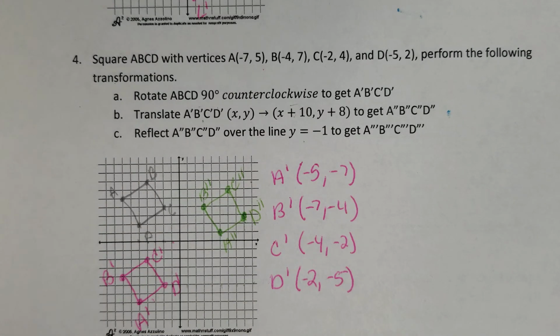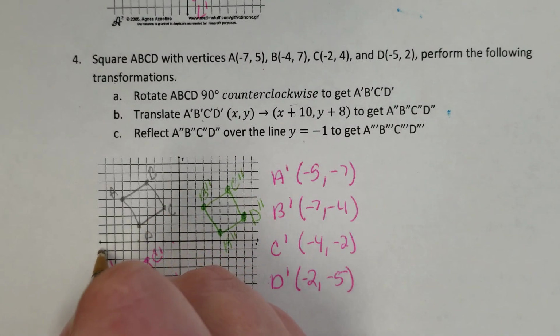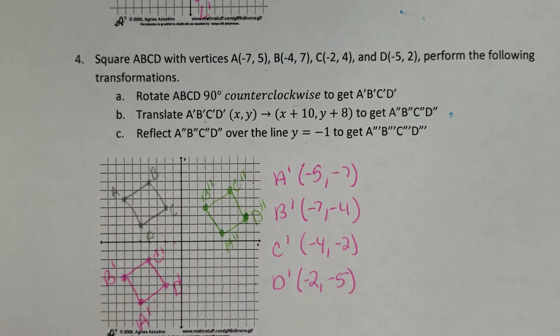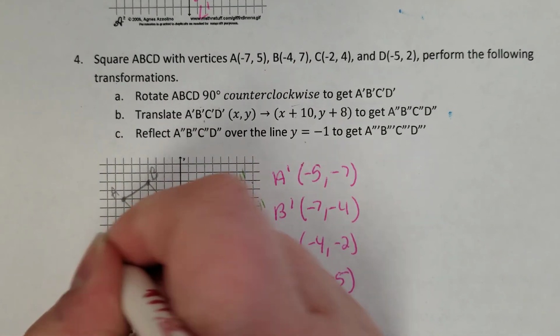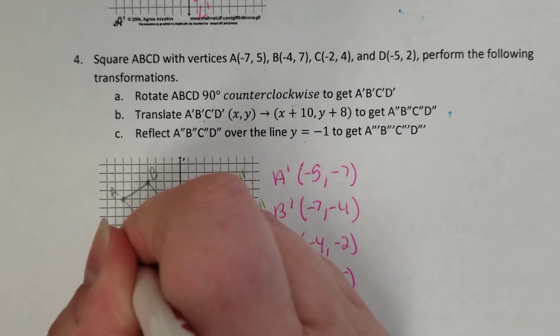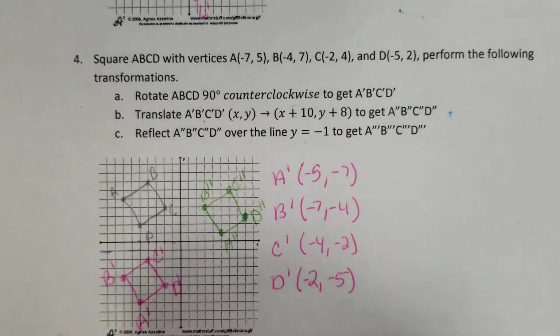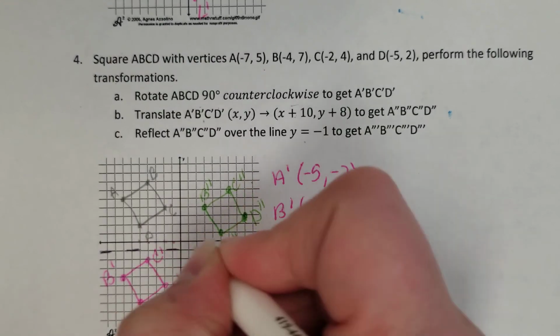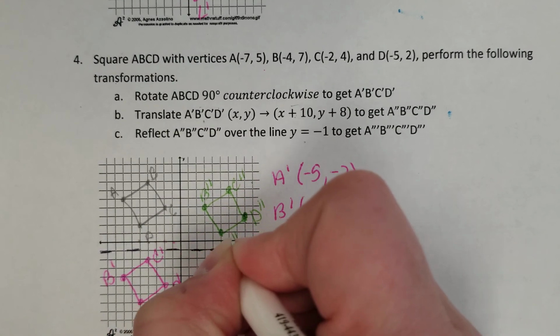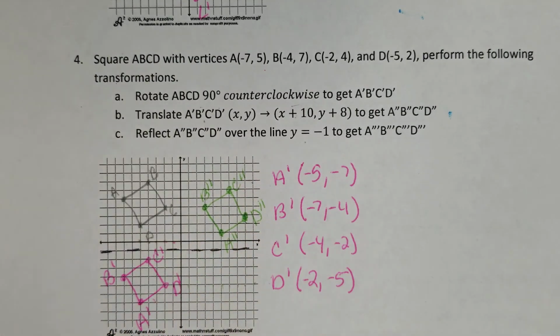So we're going to draw in our line y equals -1, which remember is a horizontal line, at -1. And if I can find a pen that will work. There we go. So we're reflecting over this dotted horizontal line.